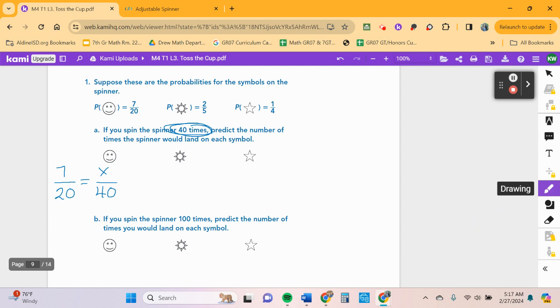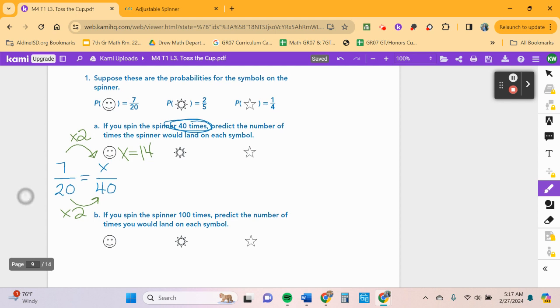I see that 20 and 40 are very easy numbers to work with. So to get to 40, I can simply multiply 20 times 2. And what I do to the bottom, I must do to the top. Exactly. So 7 times 2 as well. That gives us 14. So I know that x would be equal to 14 for our smiley.